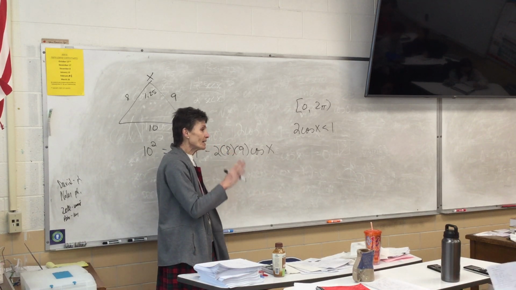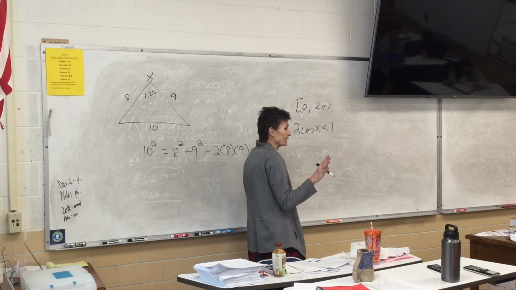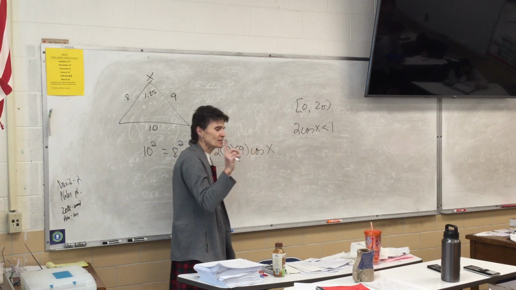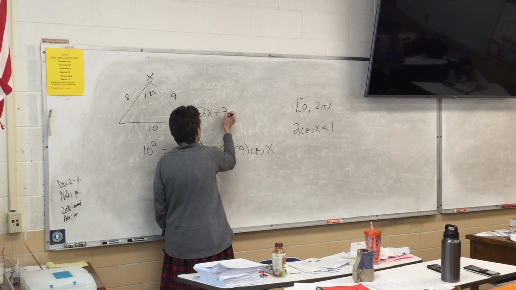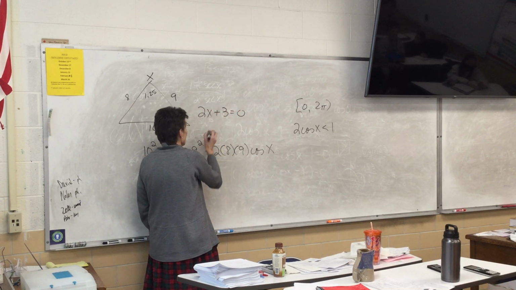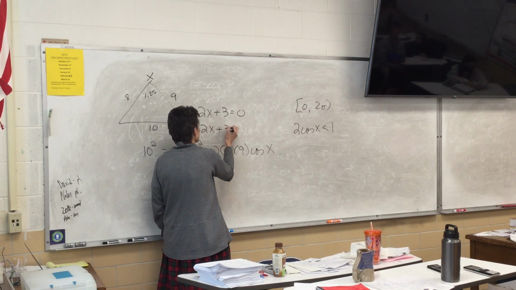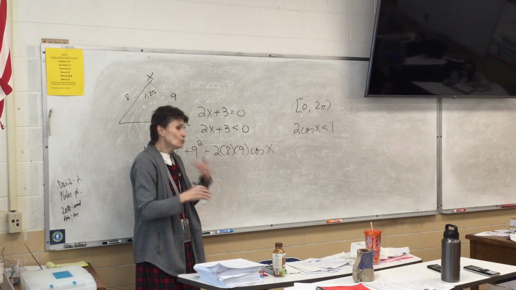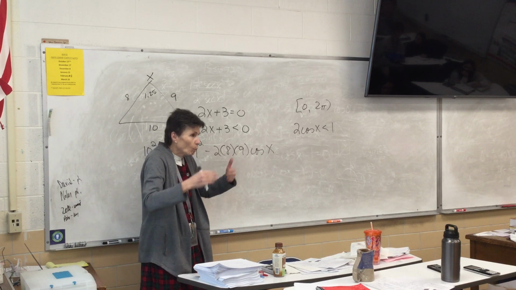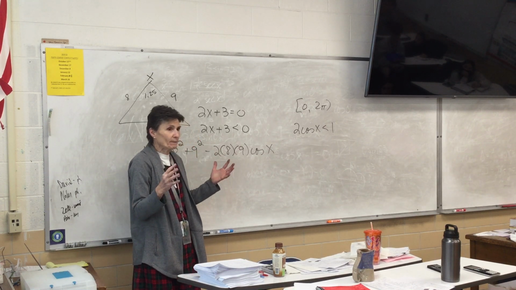I want you to think about it for a second. When you solve problems like this, and you solve problems like this, was the actual working of the problem anything different?